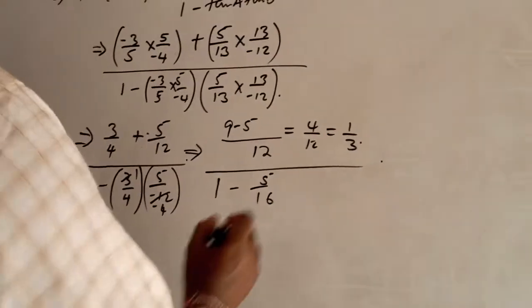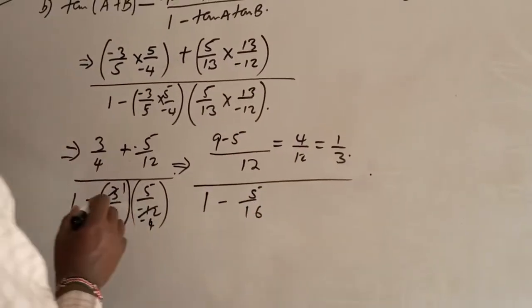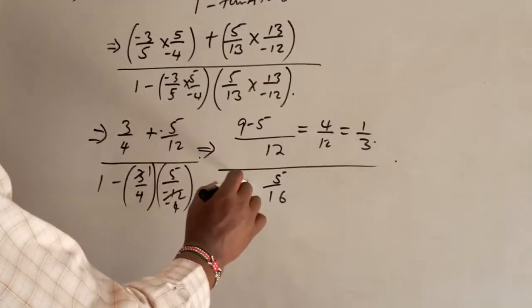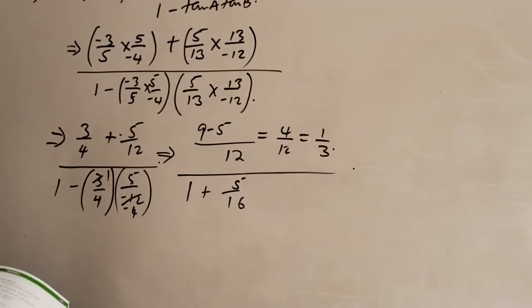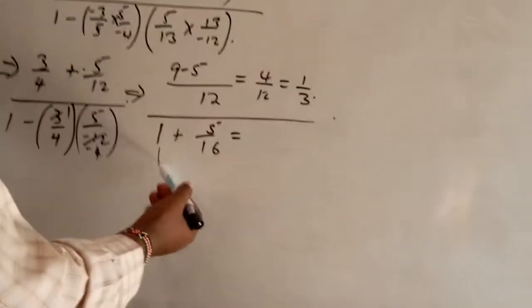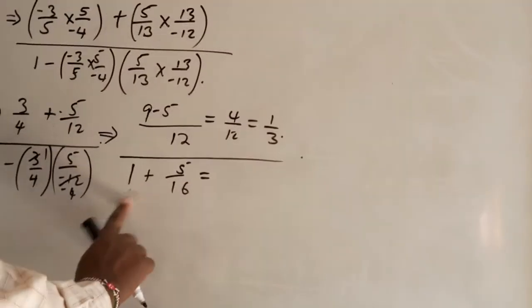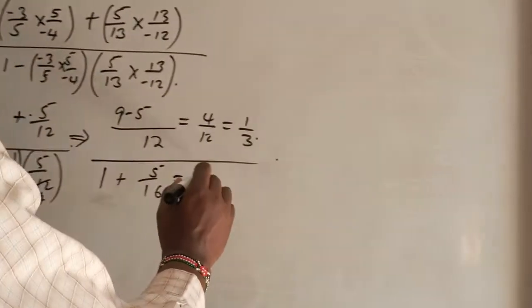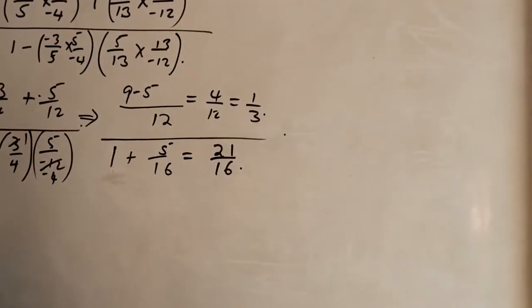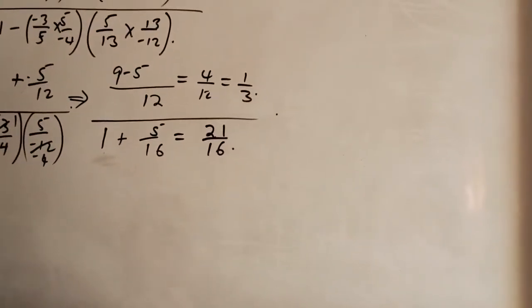But why not negative? It should be 1 minus, because this was negative, so plus. And at that point, we are going to have 16 out of 16 plus 5 out of 16 to give us 21 out of 16. So that is now the denominator.